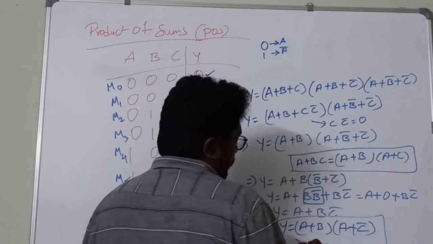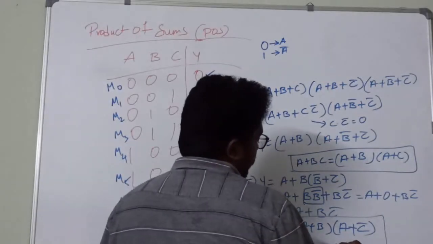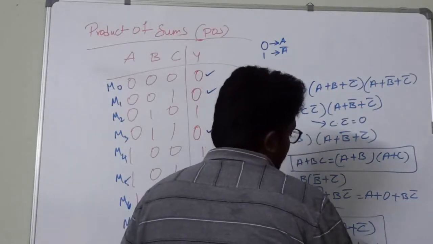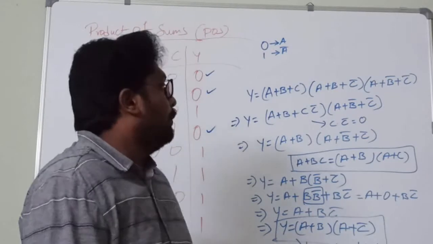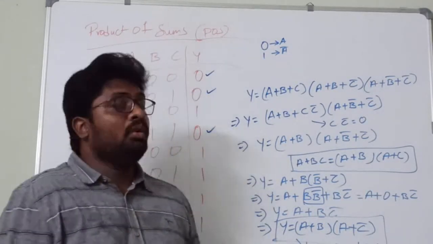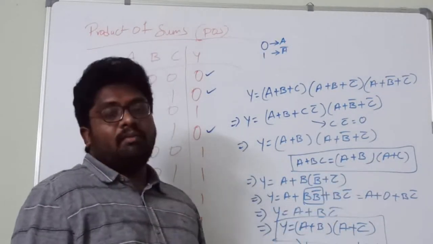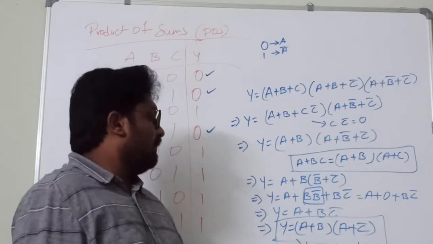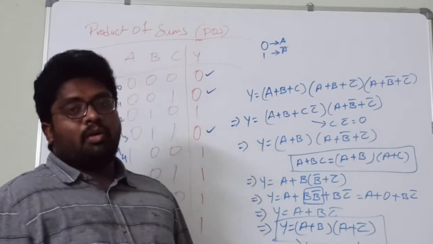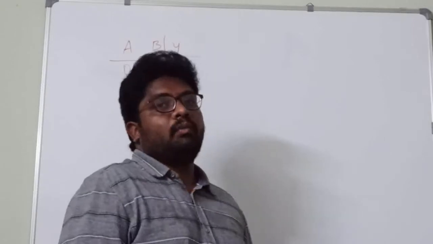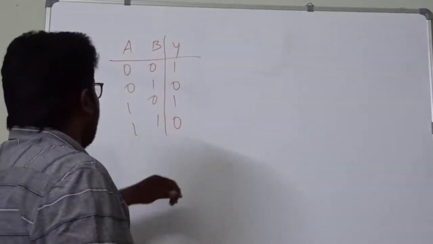So this is the minimal POS, and this is how we will be reducing the given expression and finding the minimal product of sums. Given one more example, that is one more truth table.